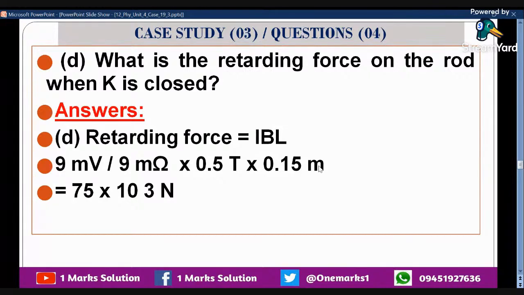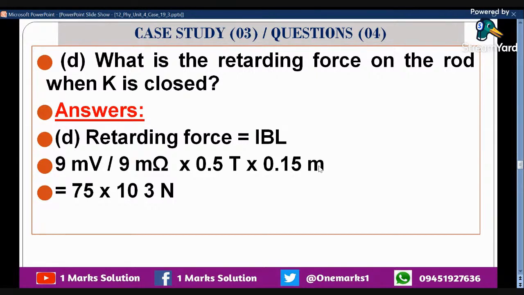How did you get it? I is not directly given, but we can find it using Ohm's law, I is equal to V by R. Instead of V, we can say 9 millivolt, and the resistance given is 9 milliohm.